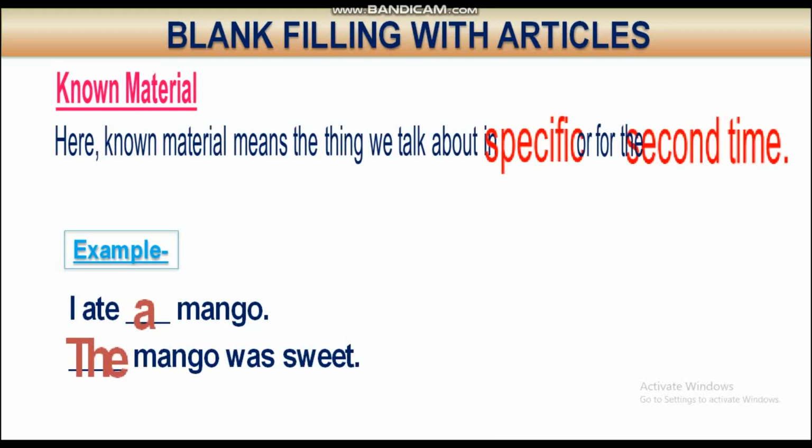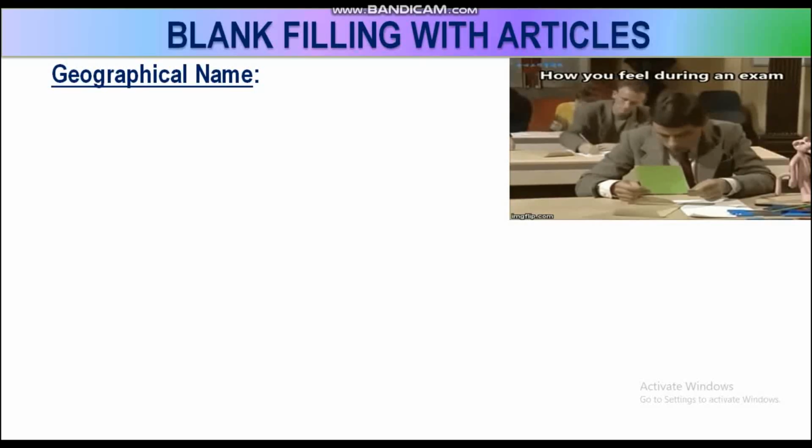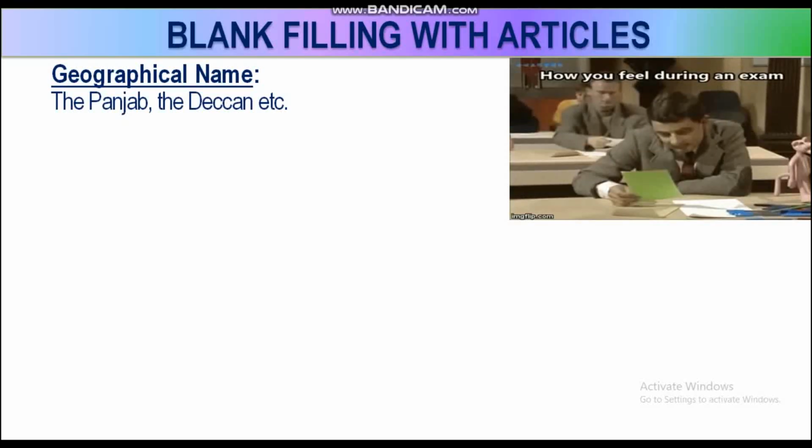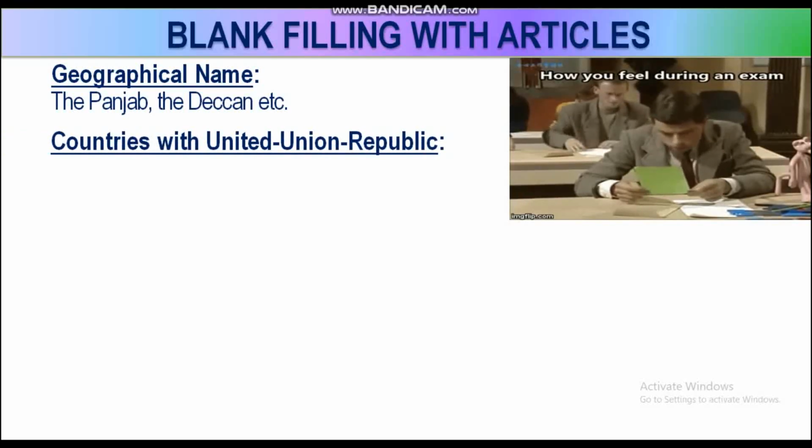Besides this, dear students, before some geographical names such as the Punjab, the Deccan, etc., article the is used. Countries with United, Union, Republic.